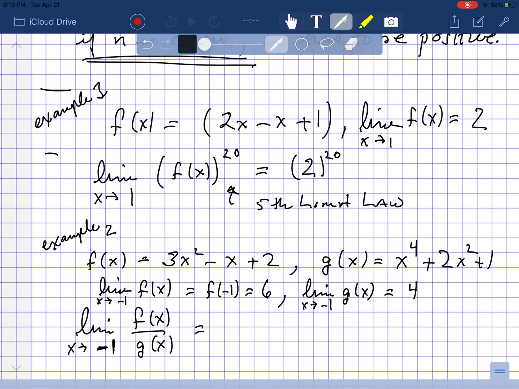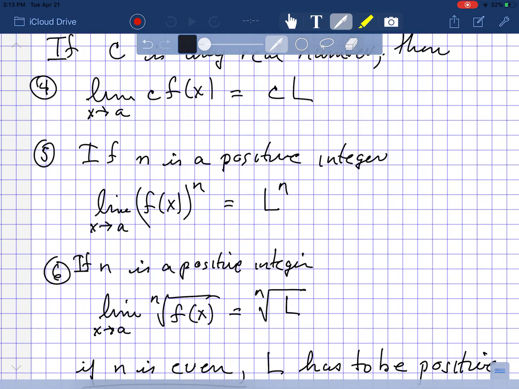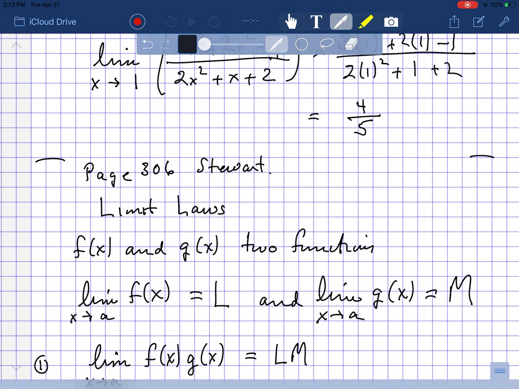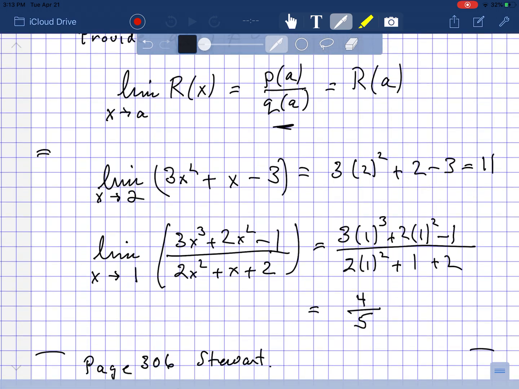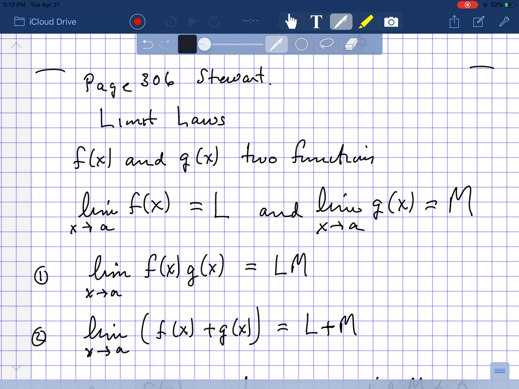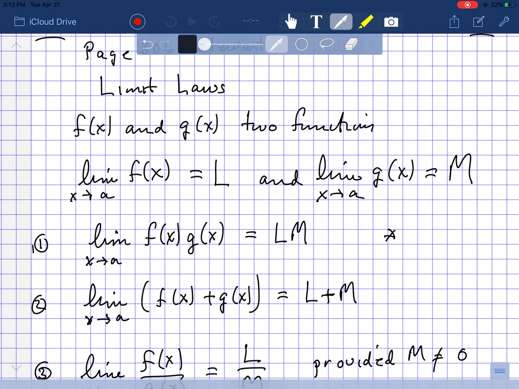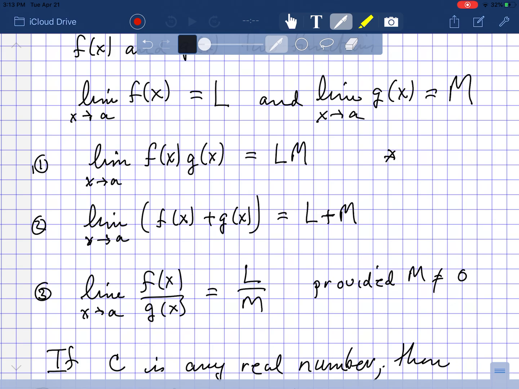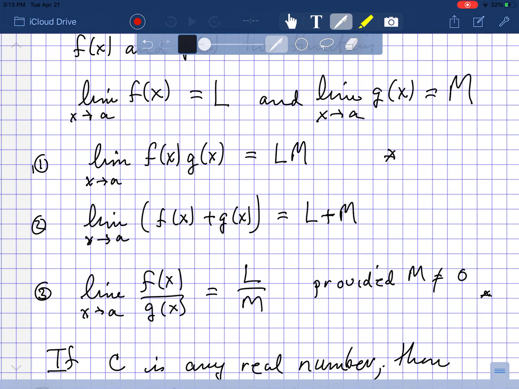So our limit law, in fact, which one is it? It's going to be our first limit law. No, sorry about that. It's going to be our third limit law.